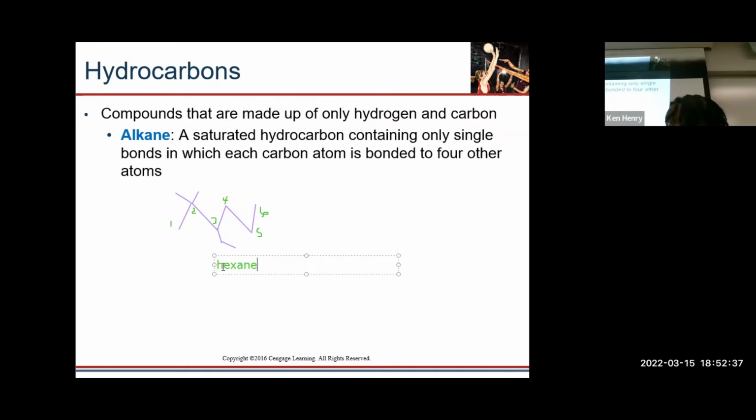Okay, so on the second carbon, we have a methyl group because there's one carbon. So there's one methyl here and there's one methyl here. Since there are 2 methyls, we would say 2,2-dimethyl.